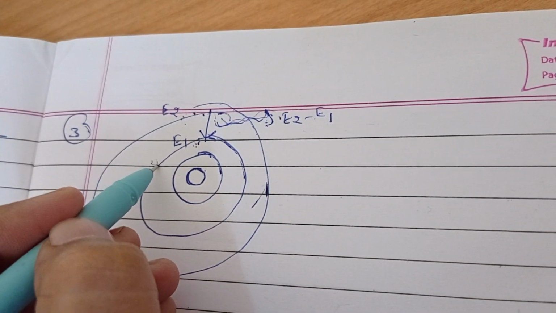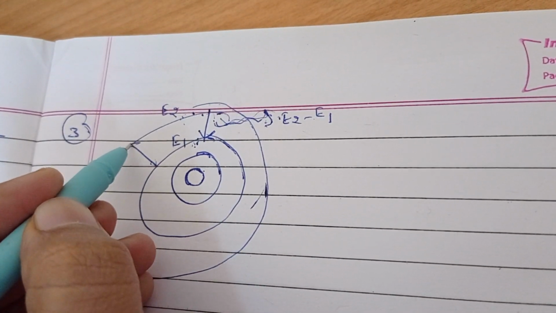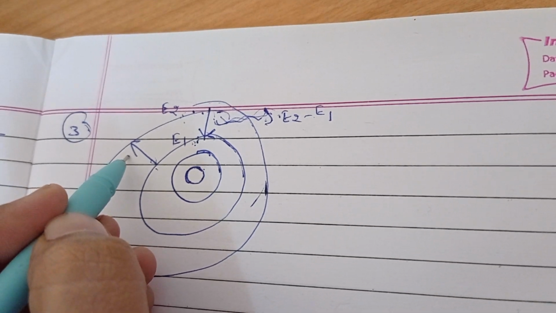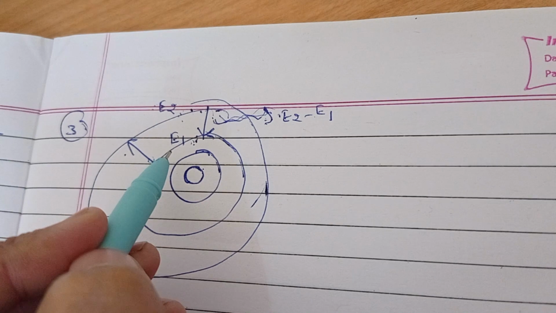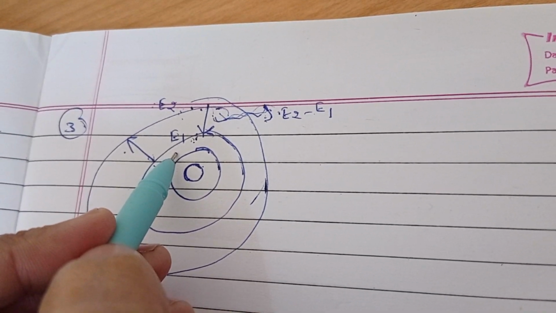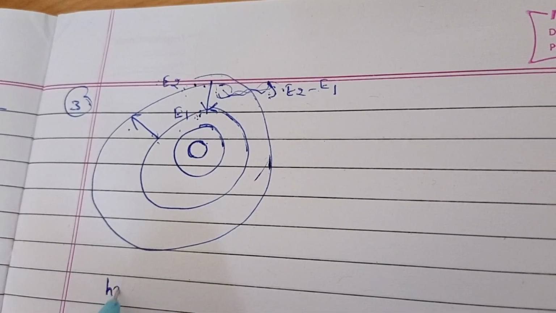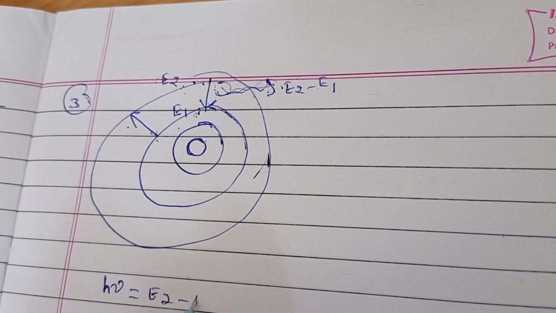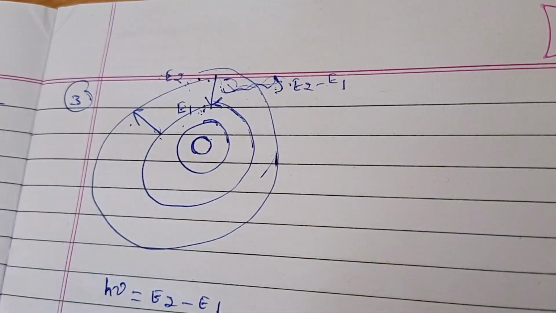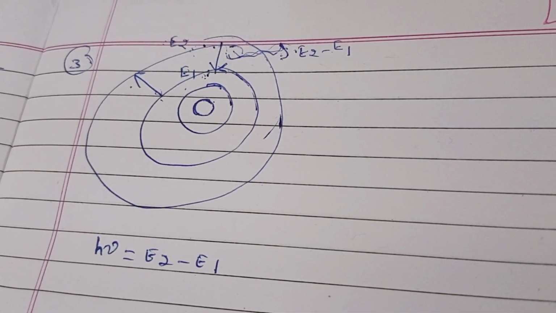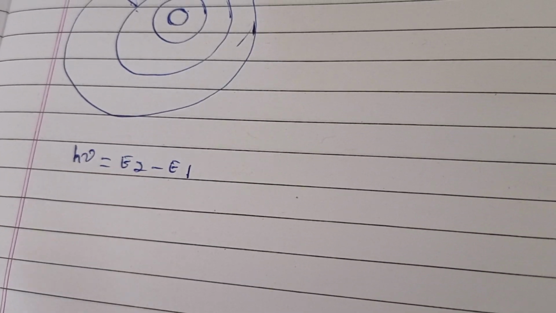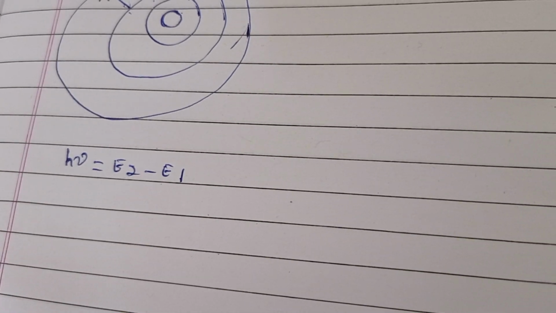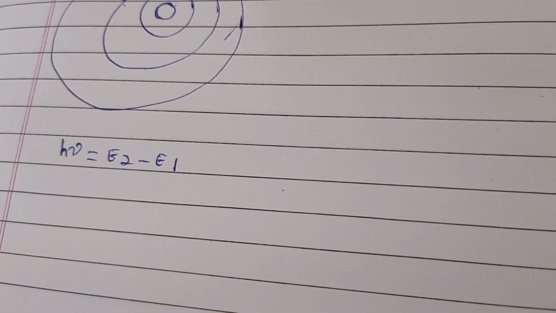Whenever an electron jumps from the lower to the higher, it will absorb energy of the same amount, the difference between the energy levels. Okay, students, it is the third postulate of the Bohr atom. The third postulate is that the emission and absorption of energy occurs only when an electron jumps from one orbit to another.